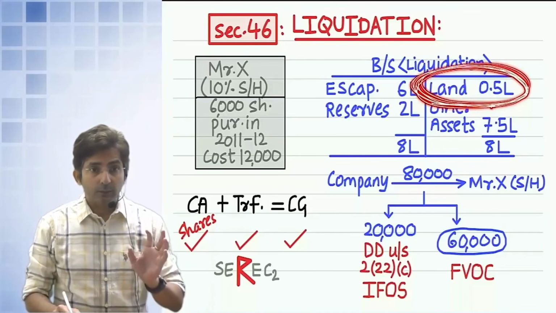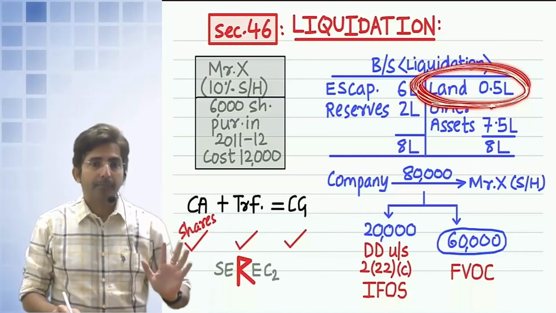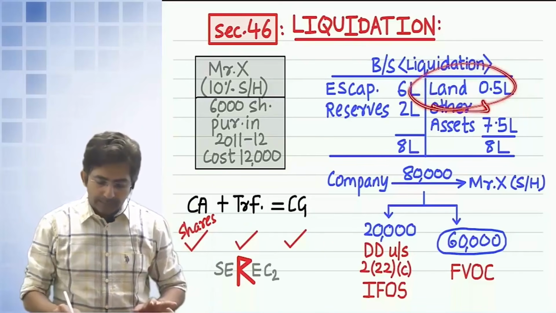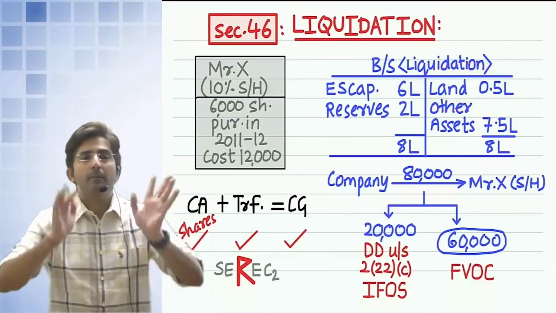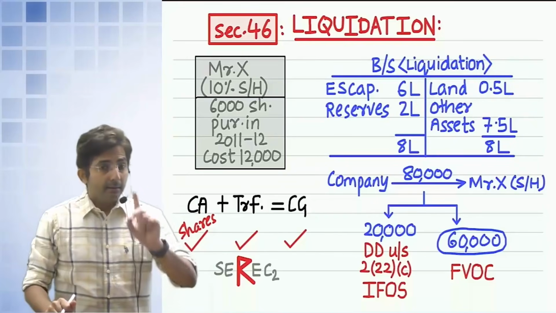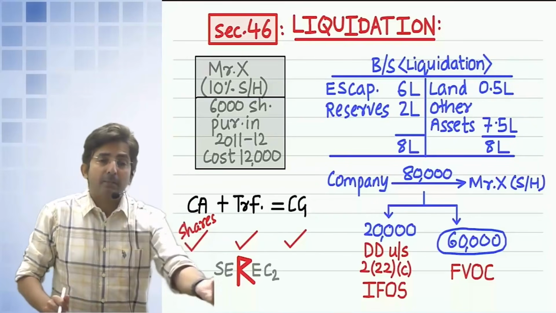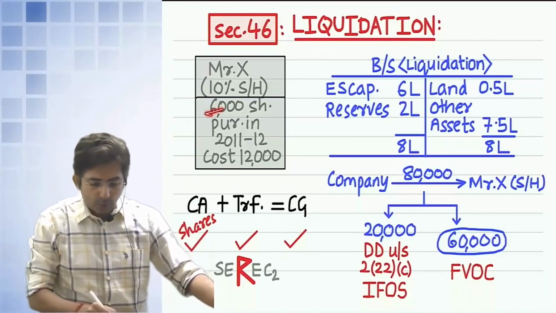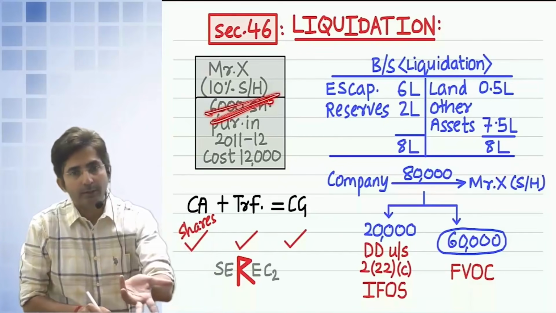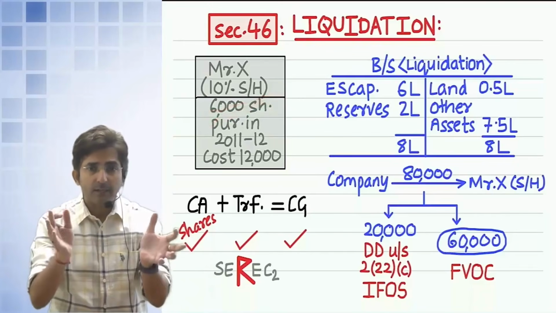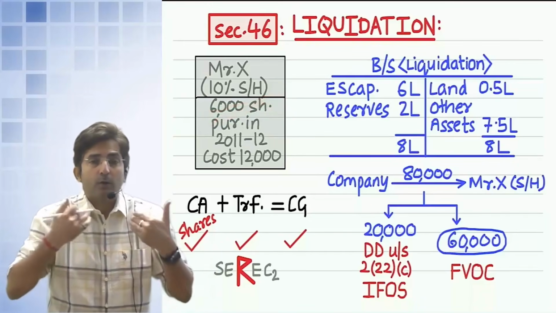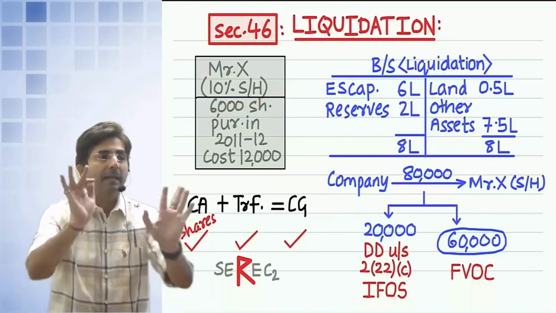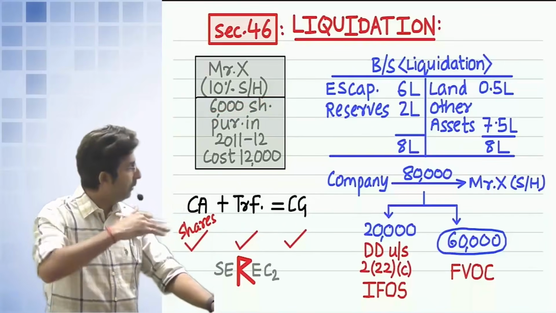So 50,000 is the book value of the land. And assume this land is given to the shareholder in settlement. And coincidentally the land has a market value of 80,000 only. And coincidentally shareholder was to be given 80,000 only. So let's assume that the 80,000 which company wanted to give to shareholder X, they have given in the form of a land. So tell me, will there be change in the answer?